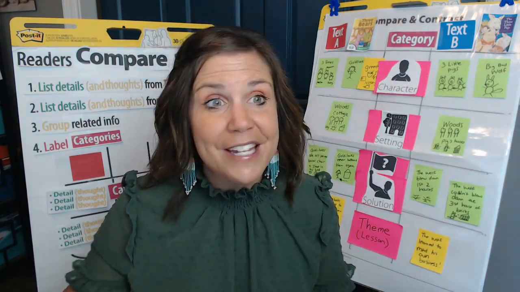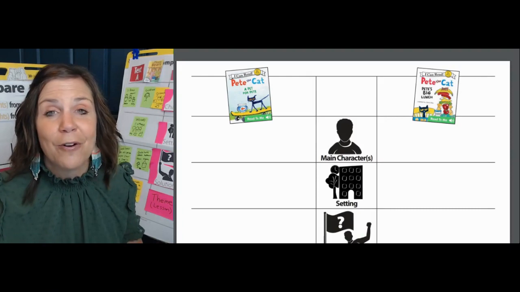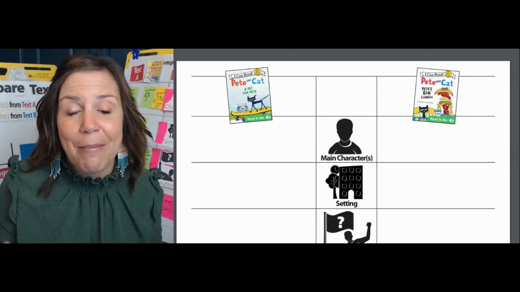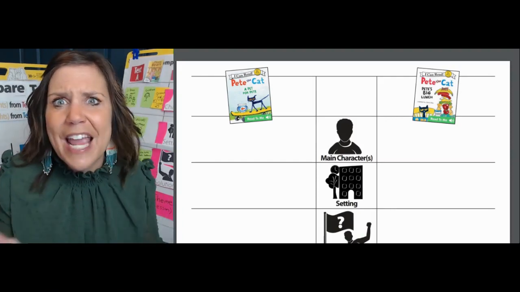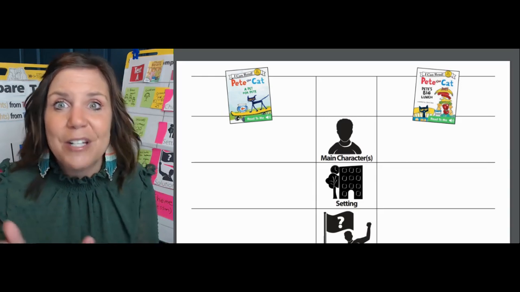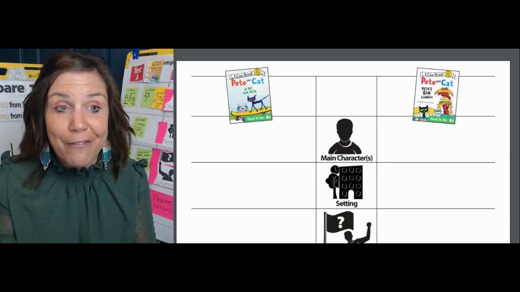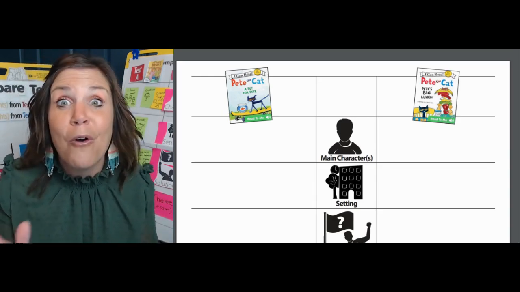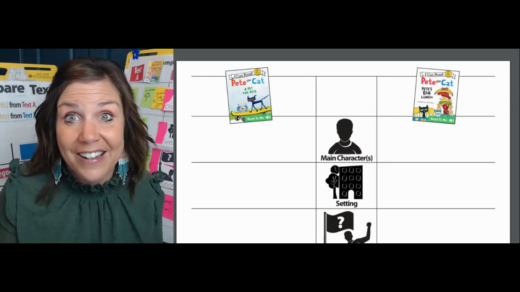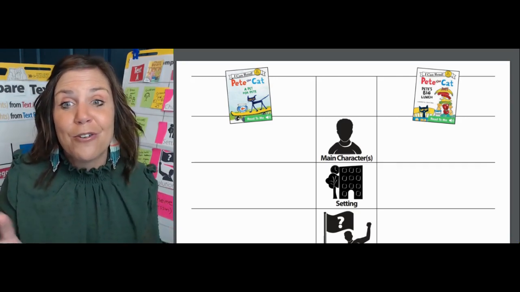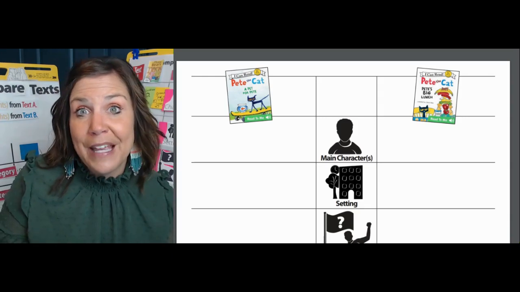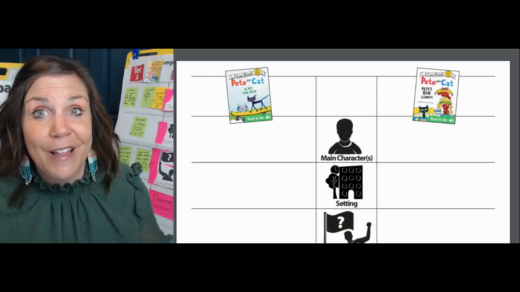And if you can write sentences, write a sentence or two about what's the same about that row. What's the same about these characters? And what's different about these characters? Like for these two Pete the Cat stories, both books have Pete the Cat. But I bet there are some characters that are in A Pet for Pete that aren't in Pete's Big Lunch, right?